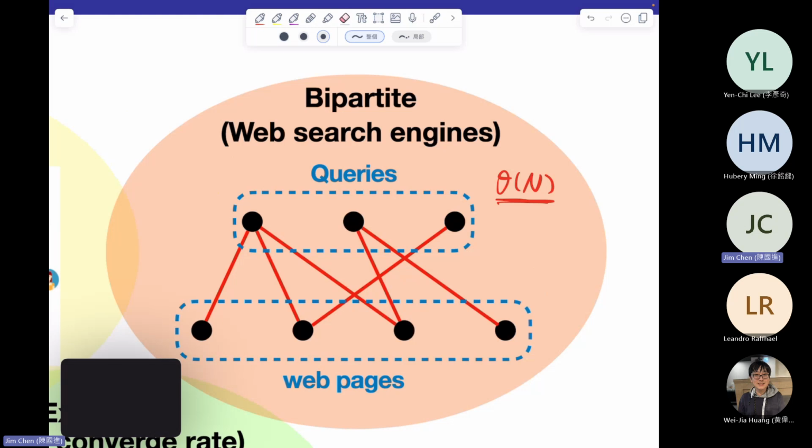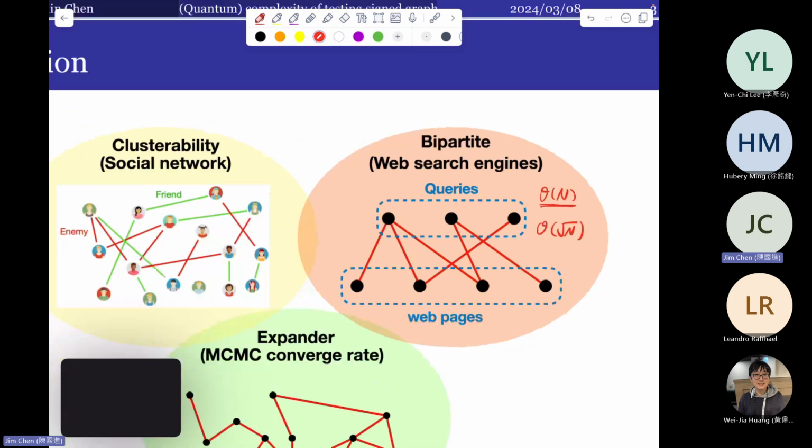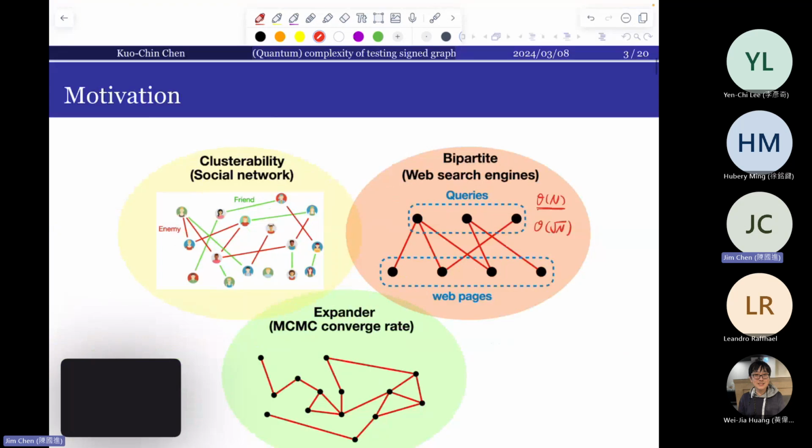Then we can say the graph is close to bipartite. And if we consider such an approximate approach, then we only require square root of n queries to test whether the graph is bipartite or not in the approximate manner. So this is the main idea of graph property testing.